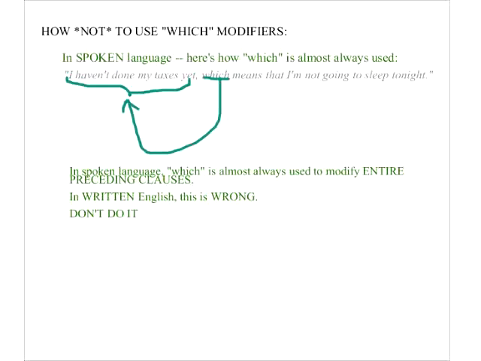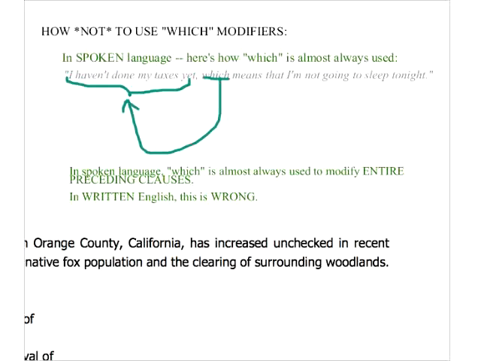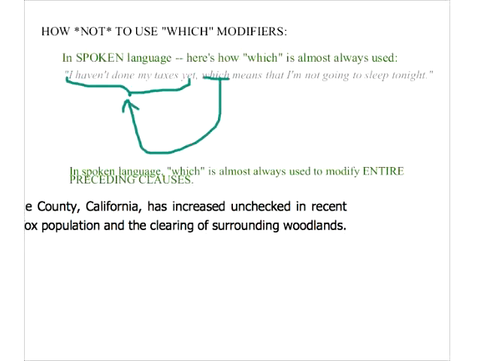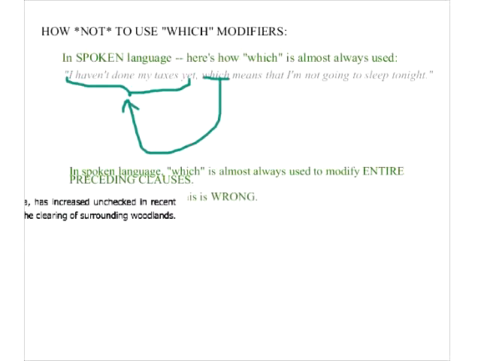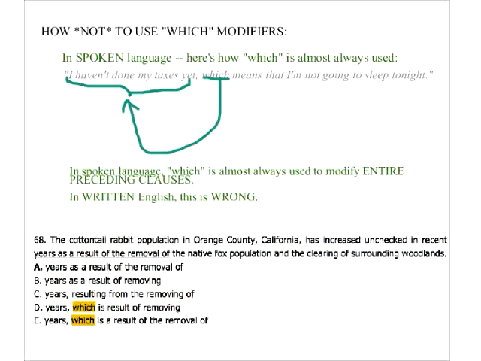Here's a GMAT prep problem. I'm just going to throw one onto the board. It'll appear on your screen in a second. Okay, this is from GMAT prep. Notice choices D and E.